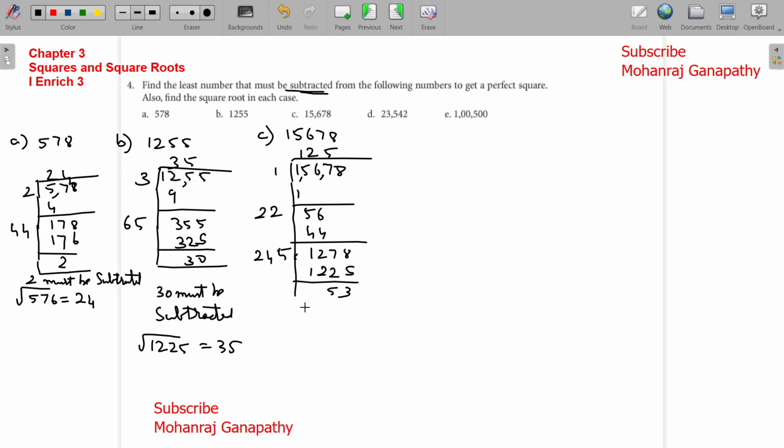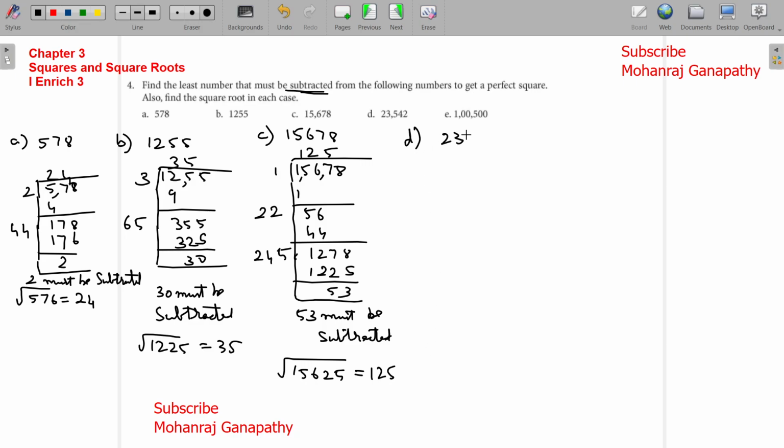Remaining is 53. So we need to subtract 53. 53 must be subtracted. So 15678 minus 53 is 15625, which is equal to 125.